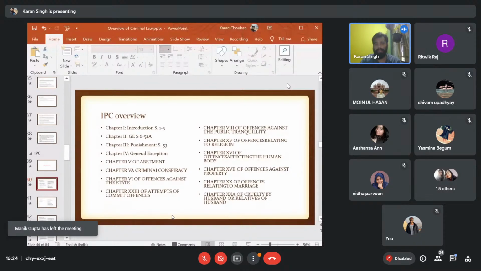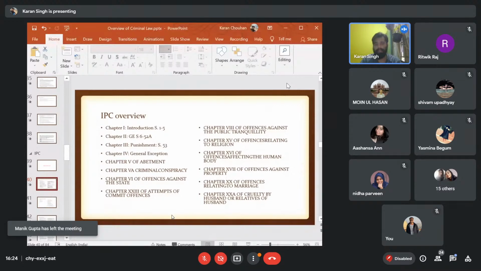Felonies are your serious crimes like murder, kidnapping, or those with capital punishment, life imprisonment, or 10 years and above.